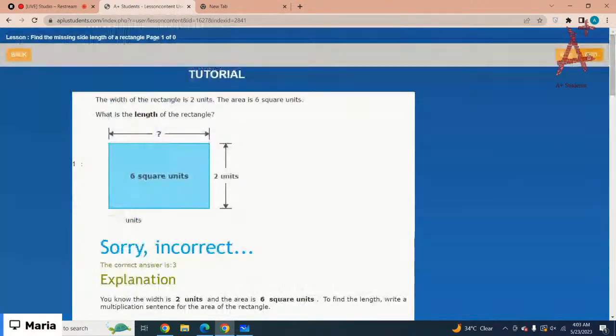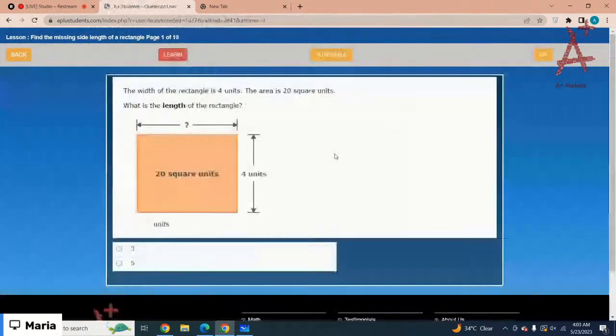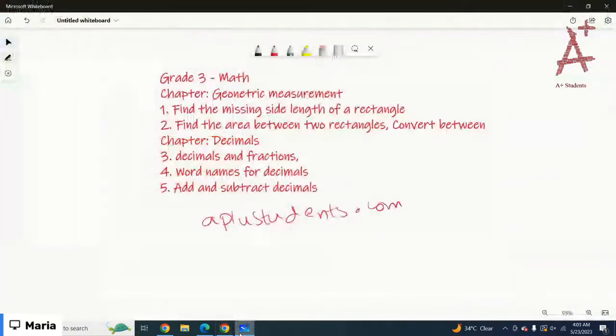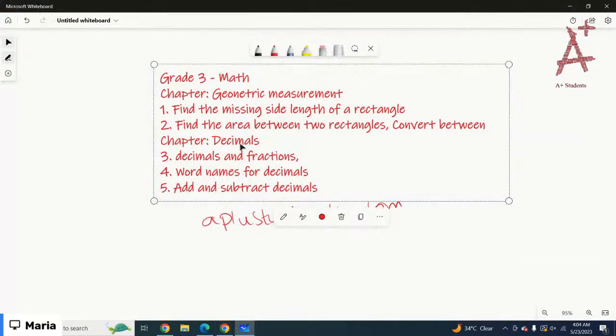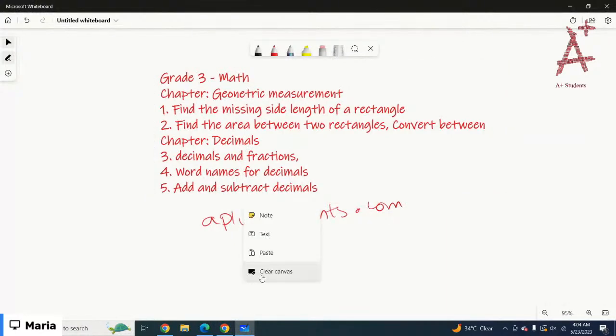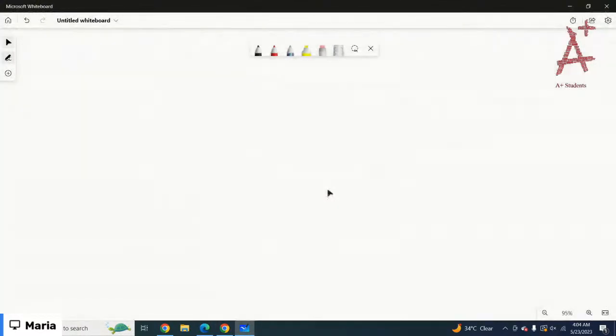Let's just start with the test questions. Okay, the width of the rectangle is 4 units and the area is 20 units. You have to find the length of the rectangle. Got it? So you are given width 4 and area 20.